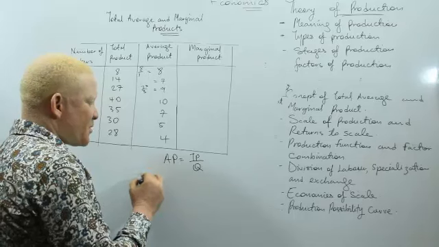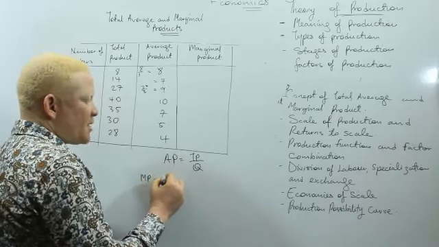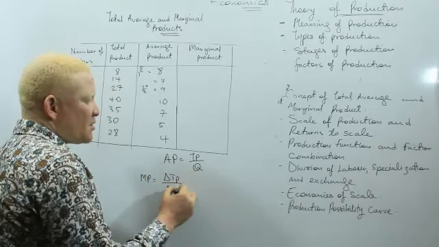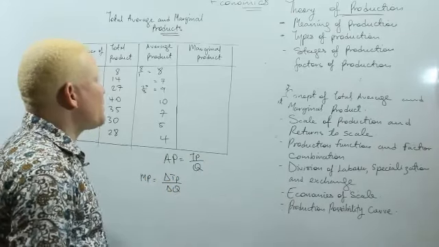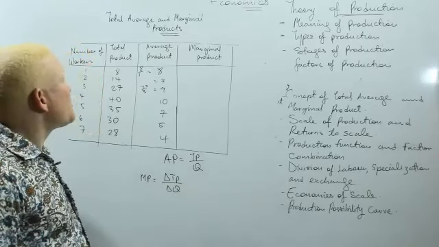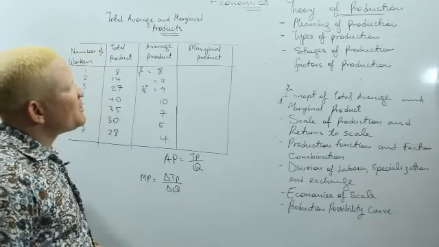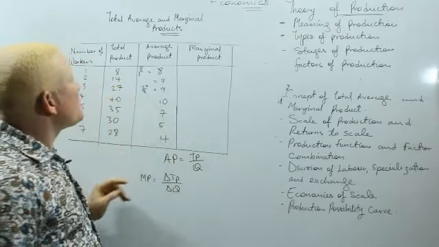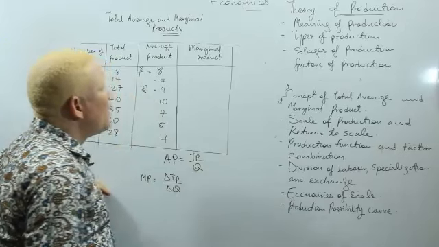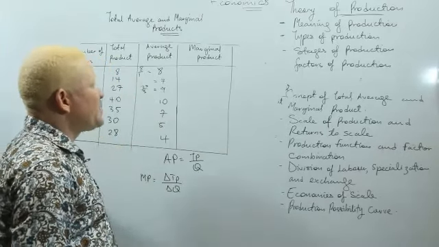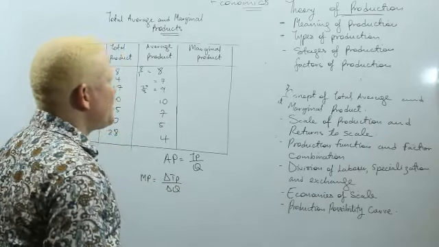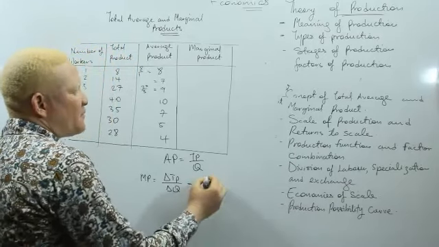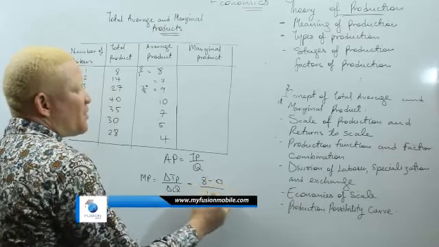Now, for marginal product, MP, we said it is change in total product divided by change in quantity of workers, the quantity of variable input. Now, over here, I've got the marginal product. The total product here is 8, and definitely at the first point we have 8 minus 0 over 1 minus 0.